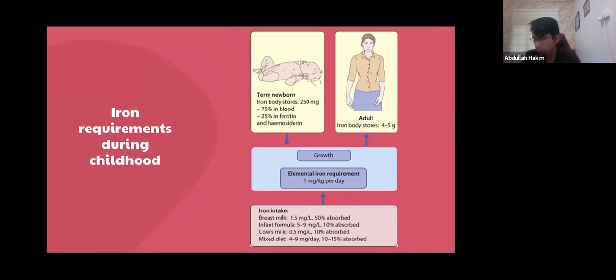You can see in breast milk, there is 1.5 milligram per liter, in which 50% of the iron is absorbed, compared to the infant formula, the powder milk for baby. It has 5 to 9 milligram per liter, but only 10% is absorbed. And others like cow's milk and mixed diet, you can see there.